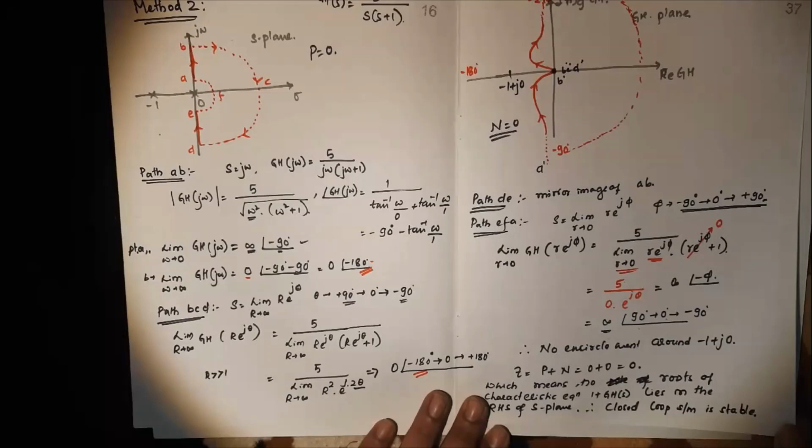You can add a pole or you can add a zero, but the effect of angle contribution should be cancelled by its counterpart. Suppose if you add a pole, it makes some angle contribution, then you have to add a zero to cancel its angle contribution. That is something advanced. That will come in the design part, so let us not bother about that. This is much easier than that one.